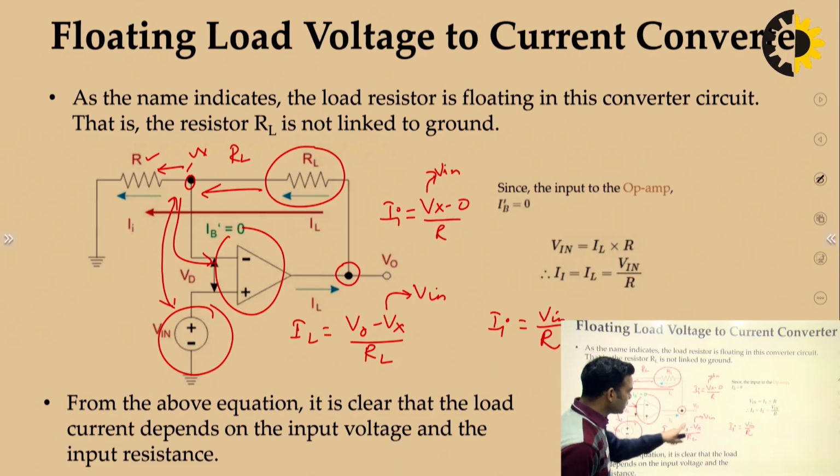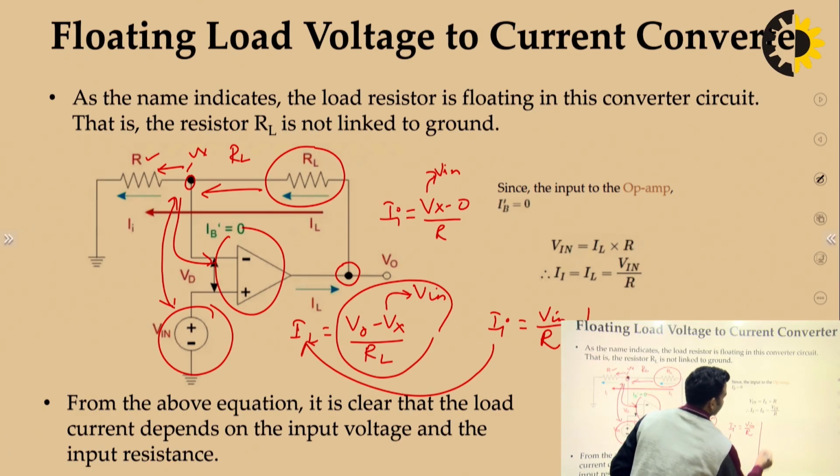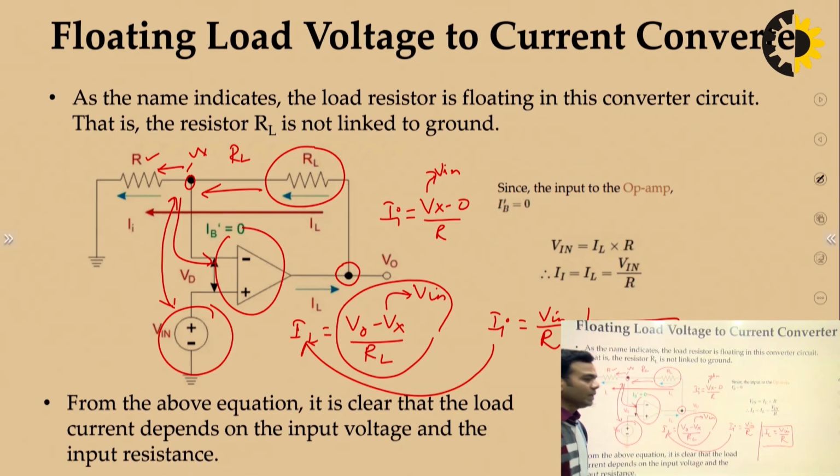There is no need to write this separately, so you can directly write IL is equal to V in by R. Now you can see that the output is the current IL, the load current, and V in is the input voltage. So this circuit is converting the input voltage into the equivalent current IL, which is equal to V in by R.